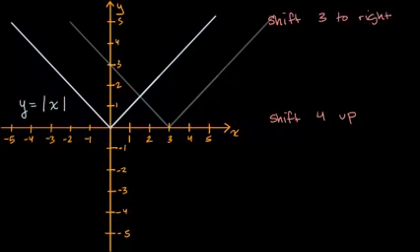Well, one way to think about it is, something interesting is happening right over here at x equals 3. Before, that interesting thing was happening at x equals 0. Now it's happening at x equals 3. And the interesting thing that happens here is that you switch signs inside the absolute value. Instead of taking an absolute value of a negative, you're now taking the absolute value, as you cross this point, of a positive.